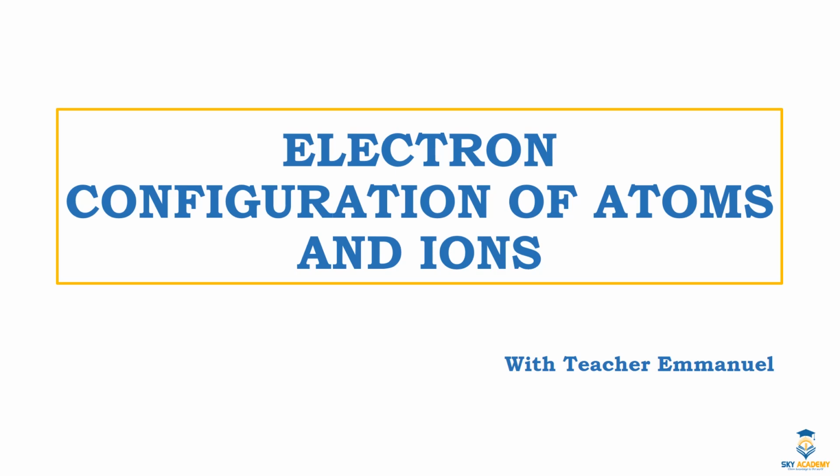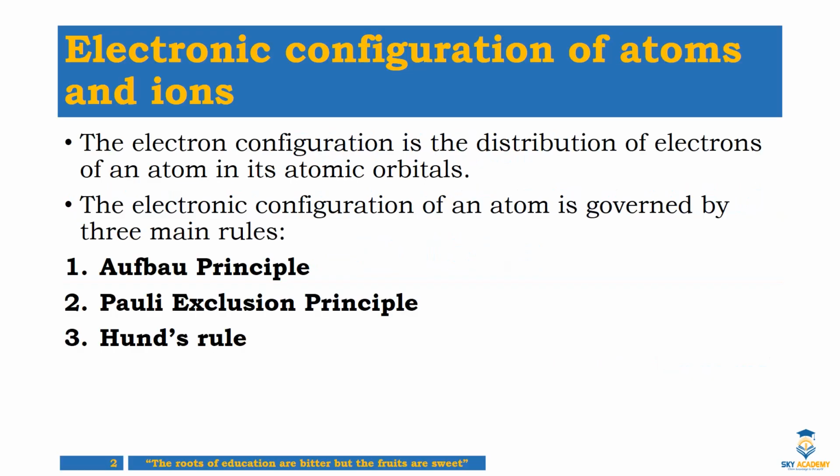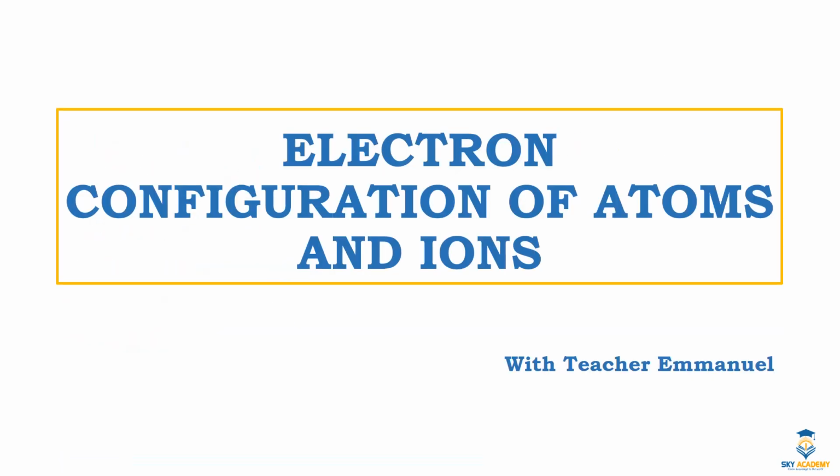Today we are going to look at the electron configuration of atoms and ions. Simply put, electron configuration is how electrons are distributed in their respective orbitals.